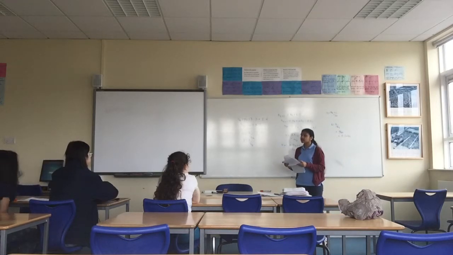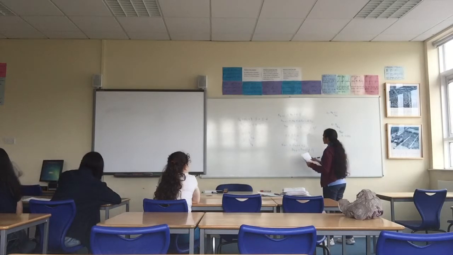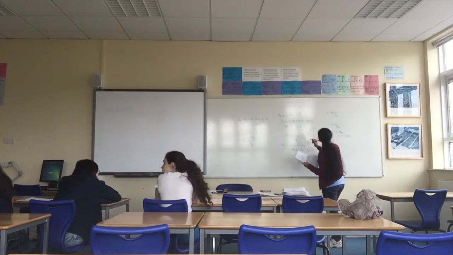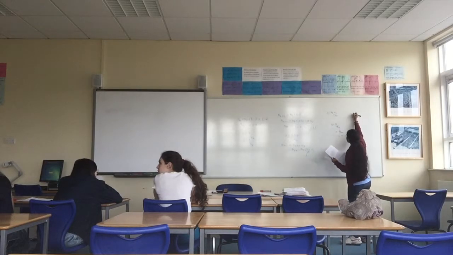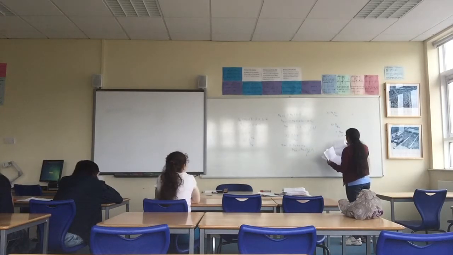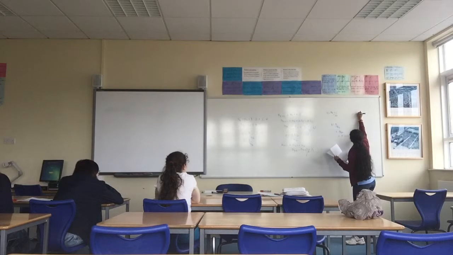Then the next question talks about population increase, which we can use this equation to find it, and the answer would be 1000 over 850.